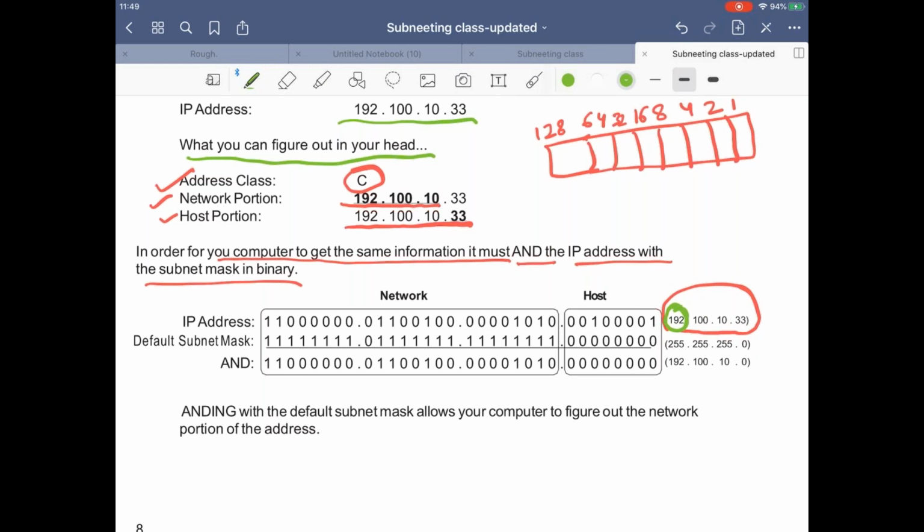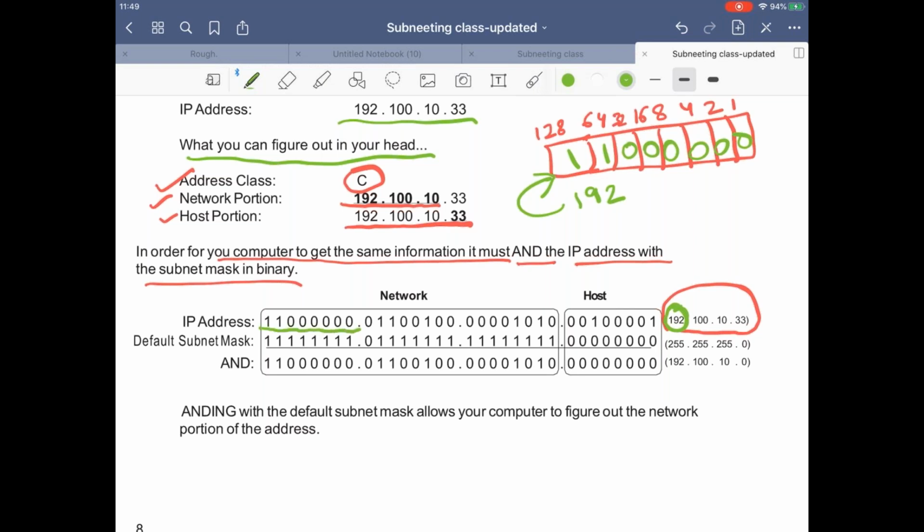If you put 192 in this way, you will get 1 1 0 0 0 0 0 0. The same thing is written here.